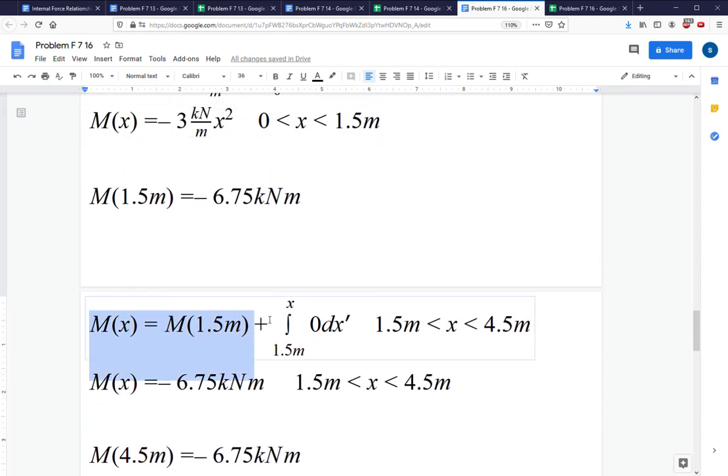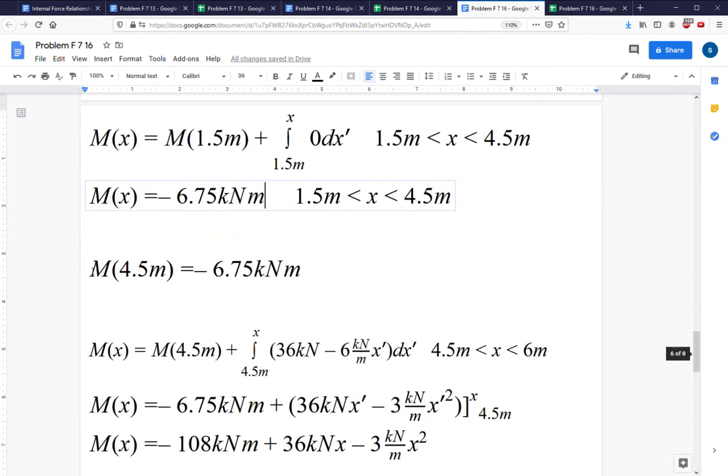Now this segment is a bit easier because the shear function is 0, the integral of 0 is 0, which means that the moment in that middle part of the beam is a constant negative 6.75 kilonewton meters, which means also the moment at the rightmost point of that segment is negative 6.75 kilonewton meters.